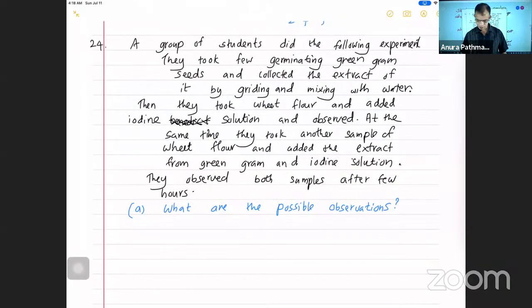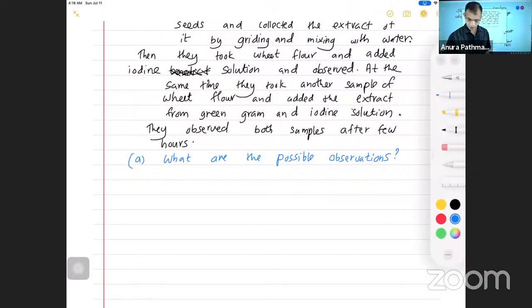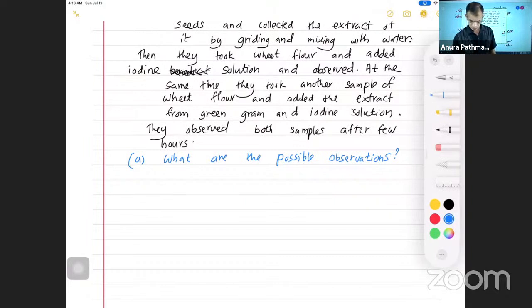What are the possible observations? If you have the notes, you can write what date is today. Today is 7th, 11, 2021. What are the possible observations?